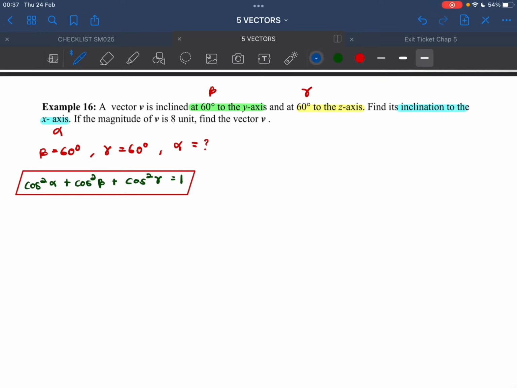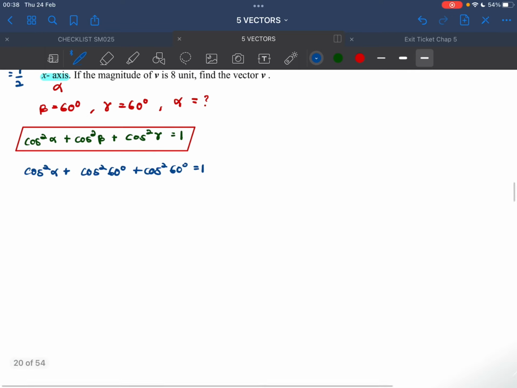We have cos squared alpha, which we don't have, but we do have cos squared beta, which is cos squared 60 degrees, and we have cos squared 60 degrees as well, equals 1. We know that cos 60 equals 1 over 2, so we can simplify that: plus (1 over 2) squared.